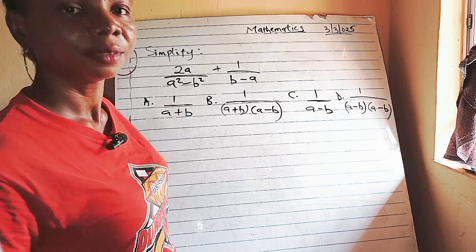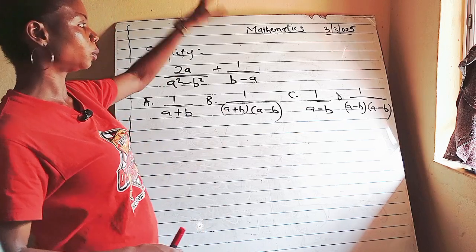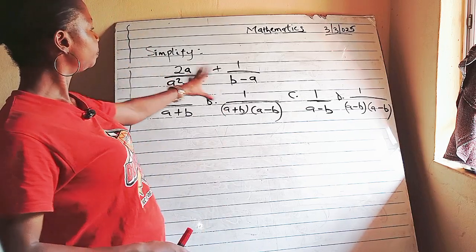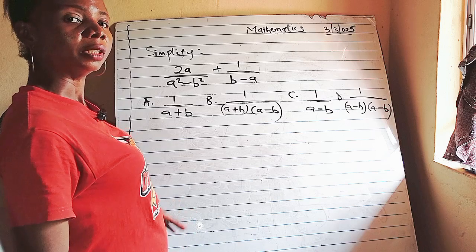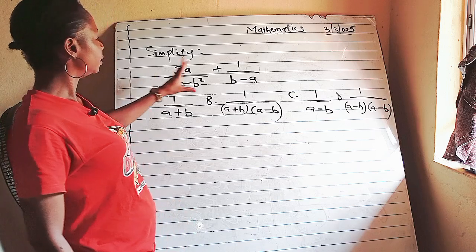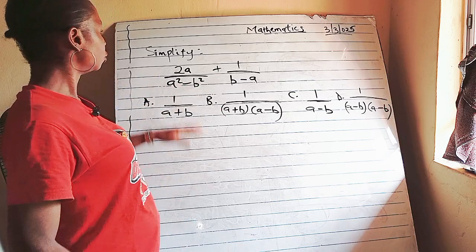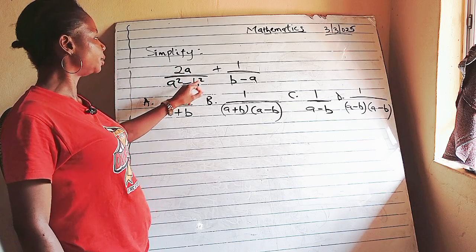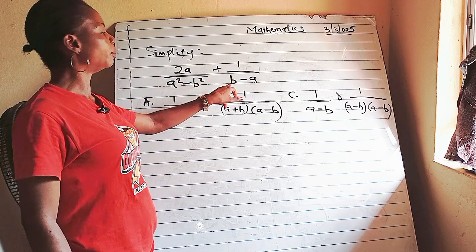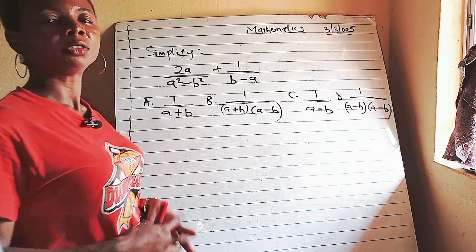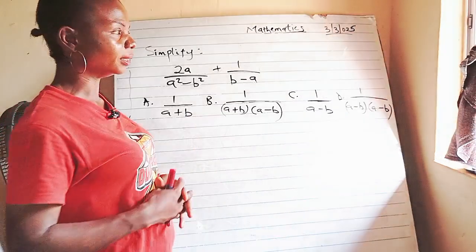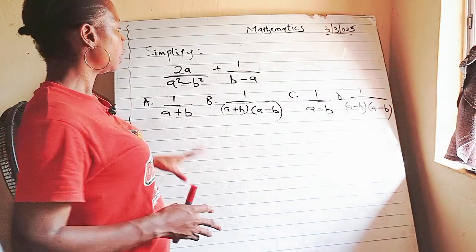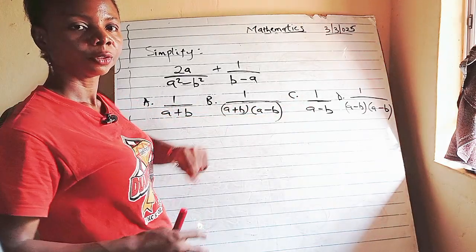Okay, good afternoon. This is also similar to the first one we did. It's another challenge. We are meant to simplify this algebraic expression: 2a over a squared minus b squared, plus 1 over b minus a. These are the options.